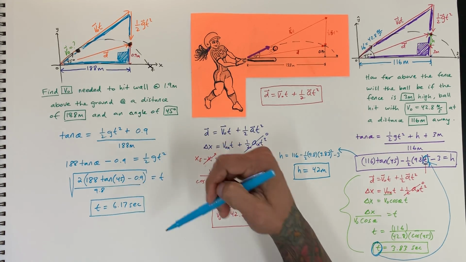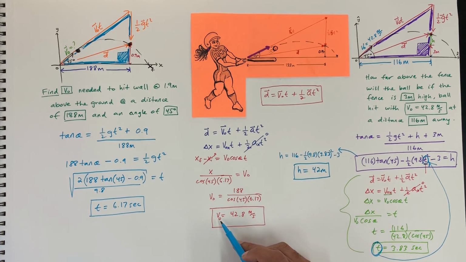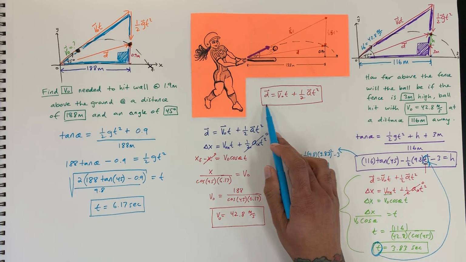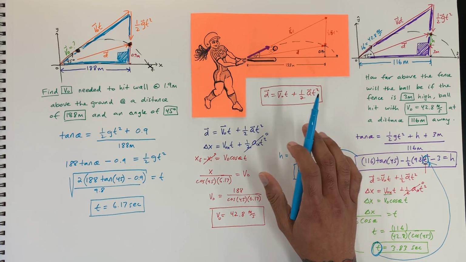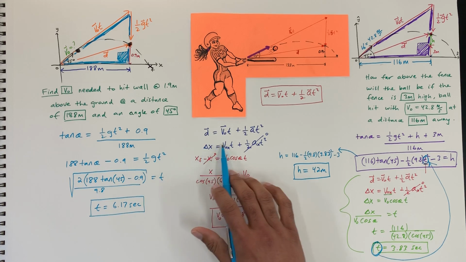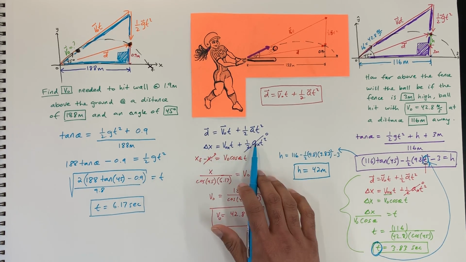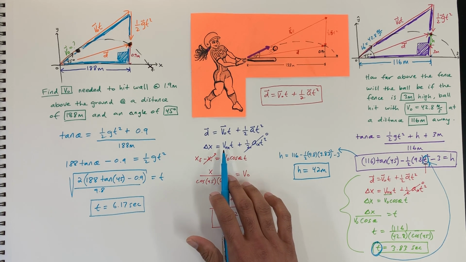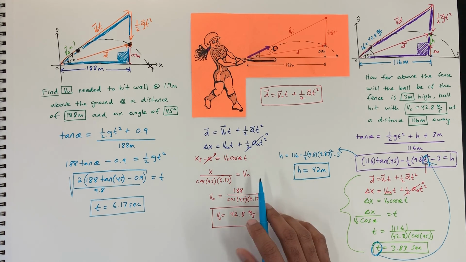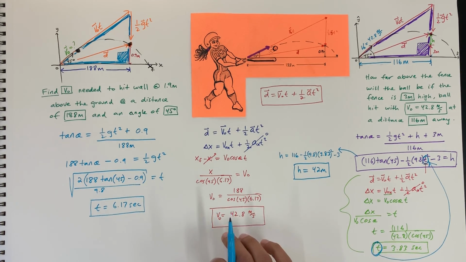With trig identities, a couple steps, and we have the time needed to reach that spot, okay? Now, to find the initial velocity needed, we look to our dear friend, the vector equation, and we replace it with the x, because remember we can do either x or y. So we're gonna use our x, and once we plug in our values, we see that we can solve for velocity initial, and 42.8 meters per second is what we got.